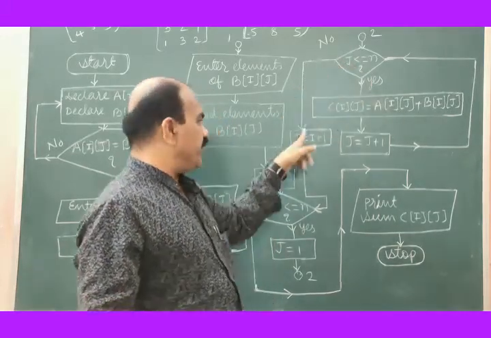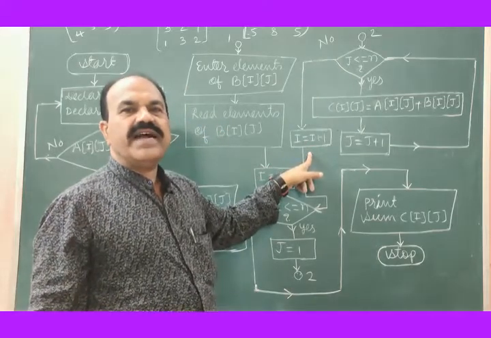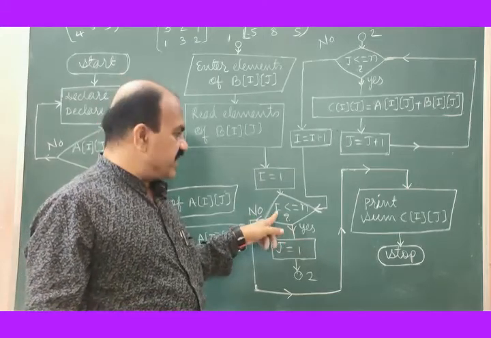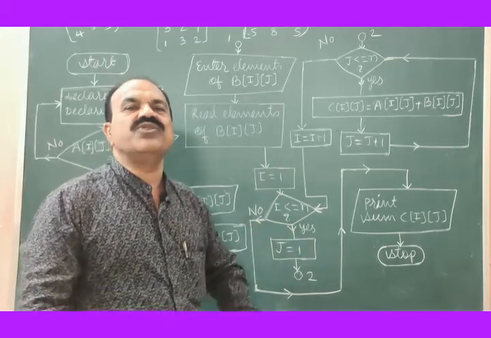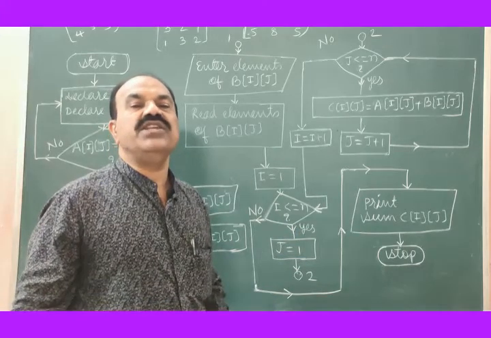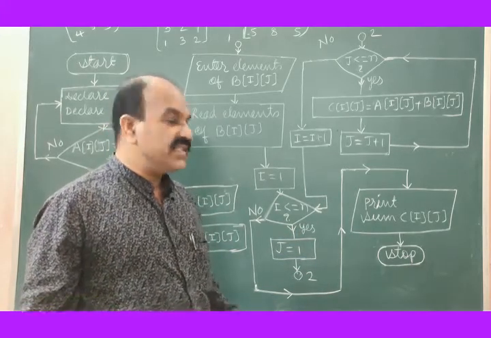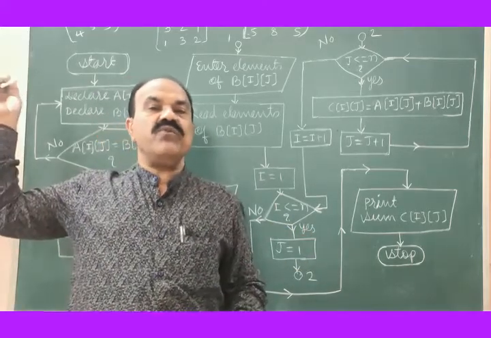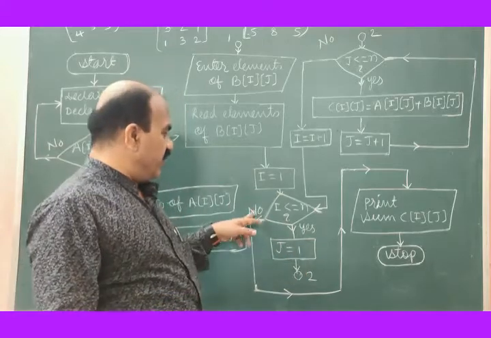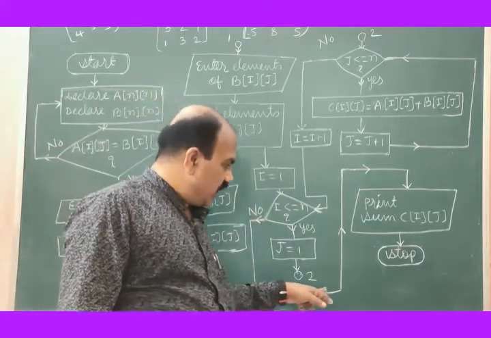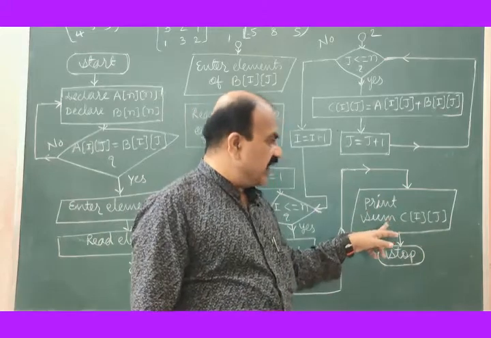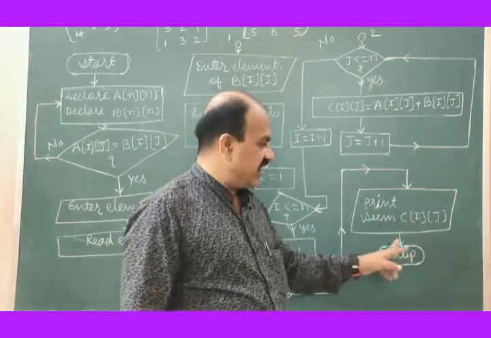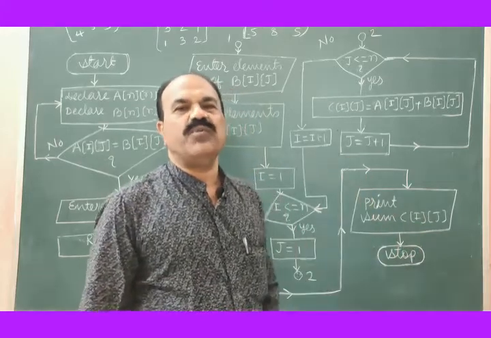Here if I has become more than 3 and you send it here compared with n, all the rows have been completed, and the answer is no. We have 3 rows only. When this answer comes no, the control goes to here. Print the sum matrix Cij and stop the program.